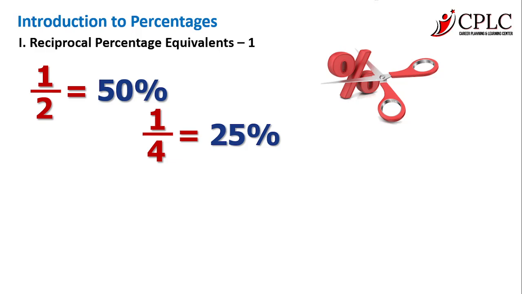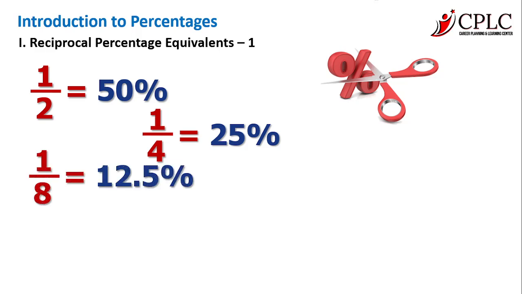If we keep continuing this, we can say 1 by 8 will be then 12.5%, because 1 by 4, if you do half of that, you get 1 by 8. So similarly, the percentage also becomes half of that, 25 divided by 2 becomes 12.5 percent.